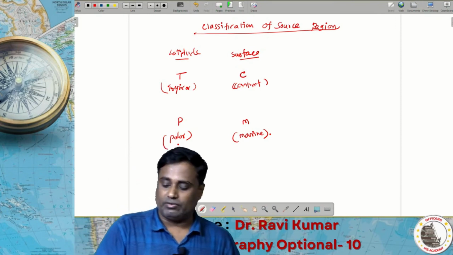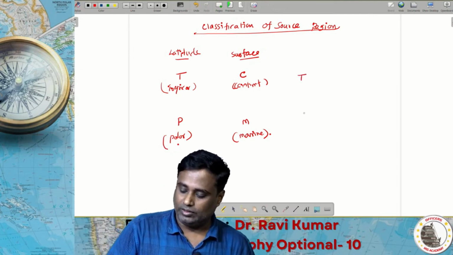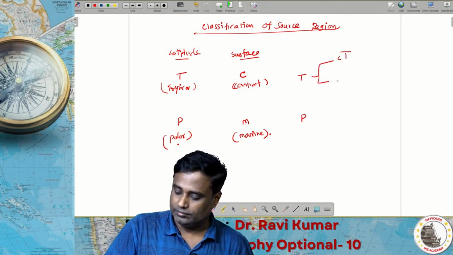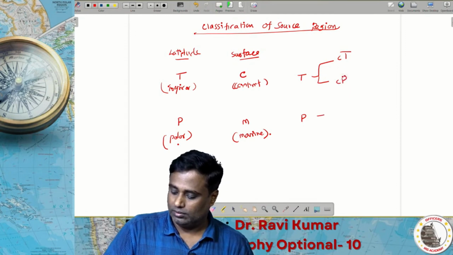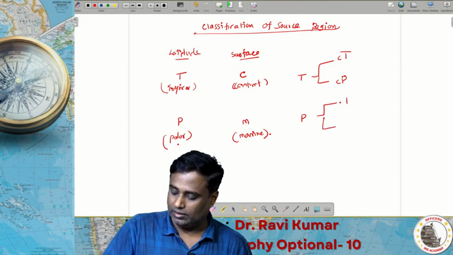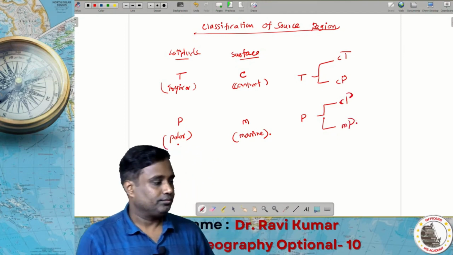So in this classification we can make it T, P. T is further classified into continental tropical and marine tropical, and P is further classified into continental polar and marine polar.